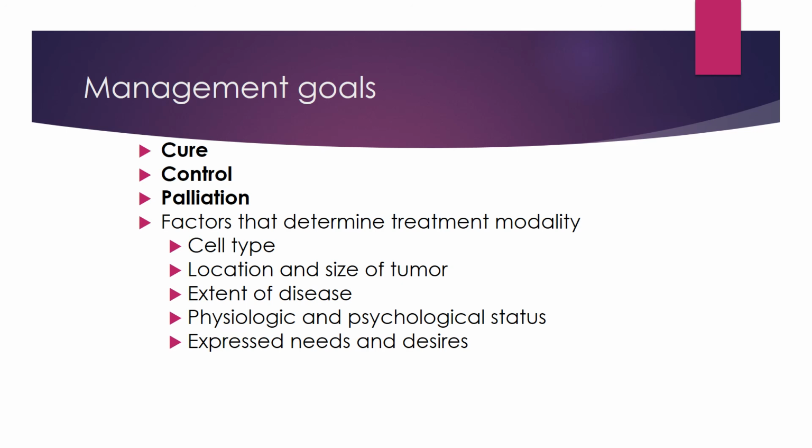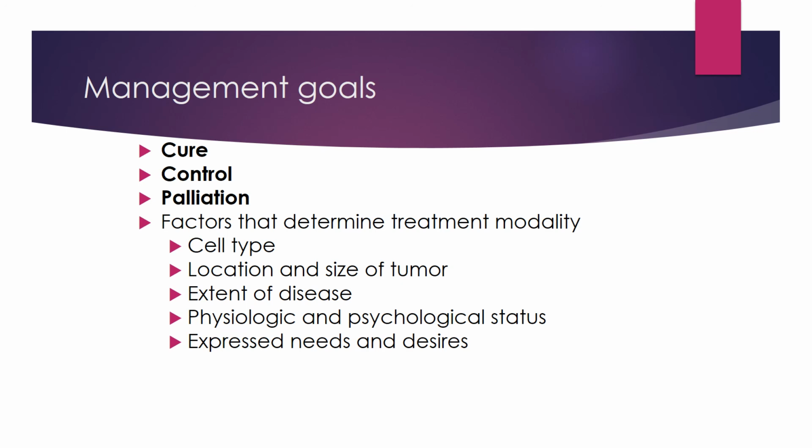The second would just be control, when the treatment plan would be to eradicate the cancer as much as possible, because doing it completely is not possible. And then palliation, which means that we are just going to provide treatment that will help with relief or control the symptoms of the cancer and hopefully maintain a satisfactory quality of life.